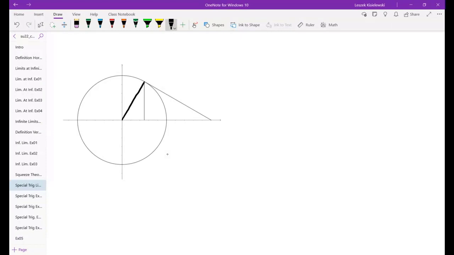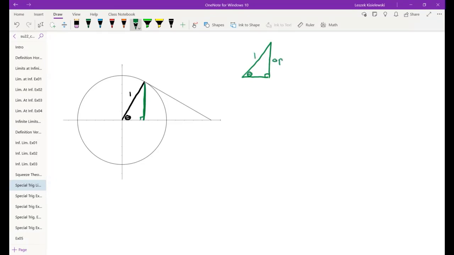The radius of the circle is 1. We're going to label this angle theta. Let's just say this is in green. Looking at this right triangle that we create, this is theta, and the hypotenuse is 1.